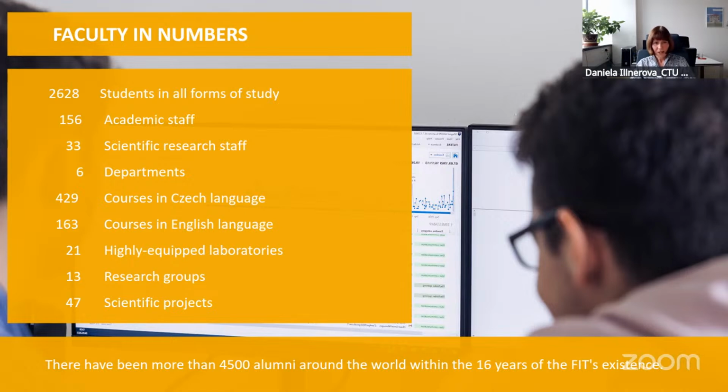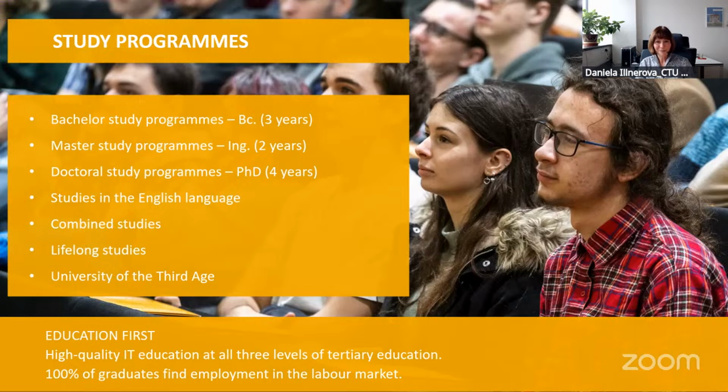We have 21 laboratories and research groups, and definitely scientific projects, and students can take part in these projects, as well as do research work at laboratories. You find all this that I am now telling and presenting on our website, Instagram, etc. So it's not necessary to remember all the numbers by heart.